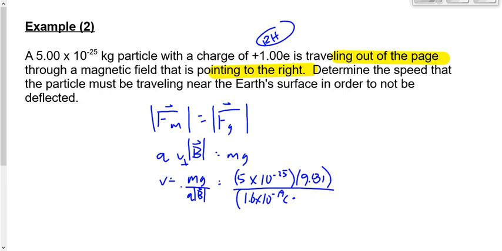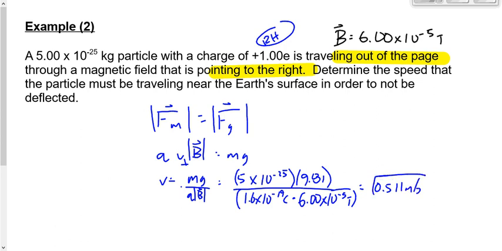Oh, I forgot to give you the magnetic field. We realized this morning that there was a missing given there. The magnetic field was supposed to be 6.00 times 10 to the negative 5 Tesla. That was supposed to be given to you. We do the math on that one, and it works out to be 0.511 meters per second.